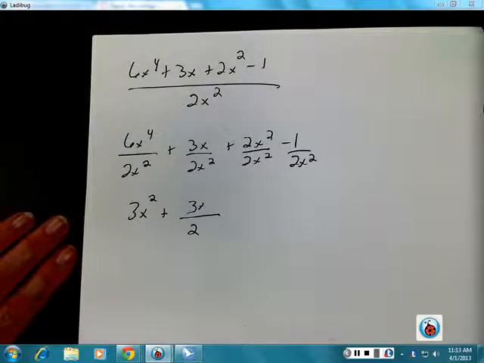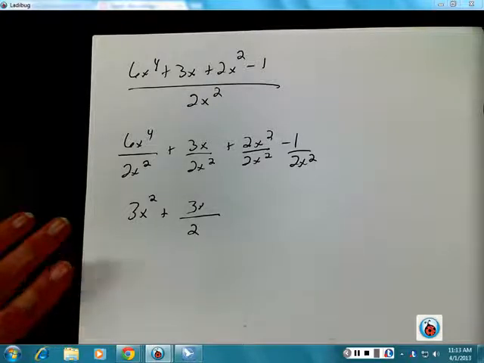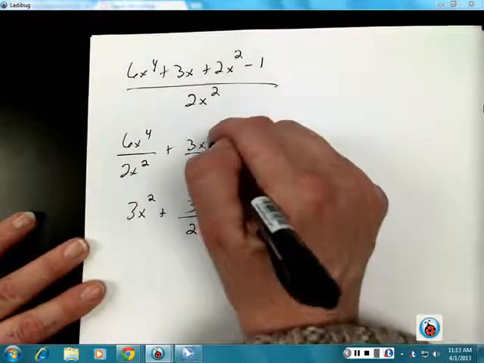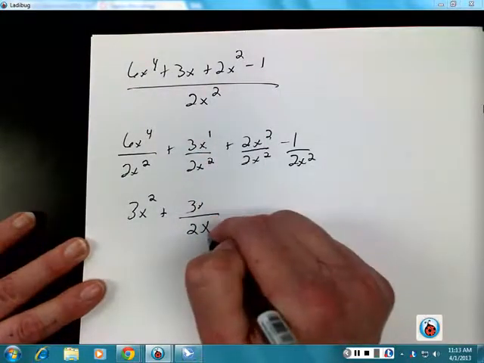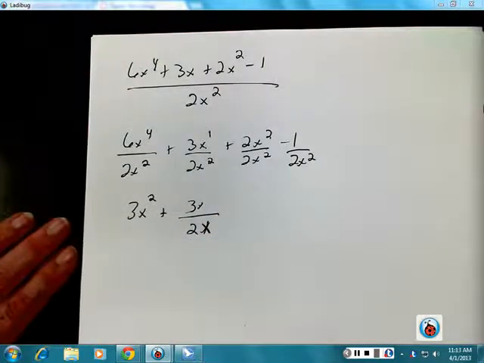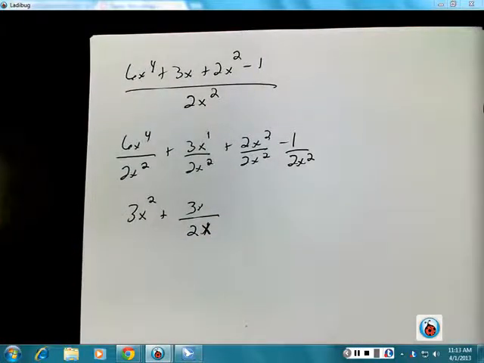Minus 1 over 2x squared. So where does the x belong? On the top. This is a 1, this is a 2. Remember, we subtract it, it's got to go down here, okay? When you said 3x over 2, you got your x in the wrong location.